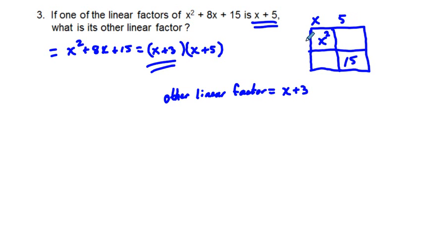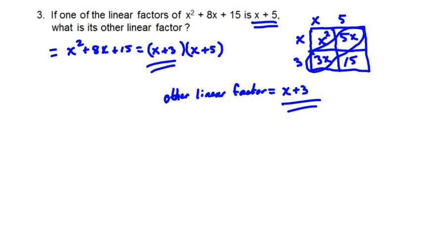On the left here, x times what equals x squared? Well, that's x. And then x times 5 is going to be 5x. Down below, what do we have to multiply by 5 to get 15? Well, that's 3. So diagonally oriented here, this 3x plus 5x is our 8x. So that's number 3 worked out.